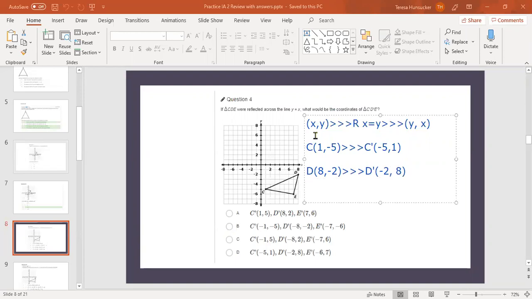And lastly, if E is at point (7, -6), its image E prime would be at (-6, 7). And if you look at your answer choices, that would be answer choice D.